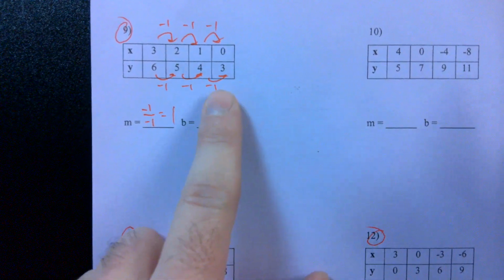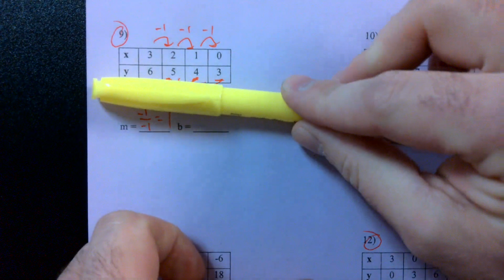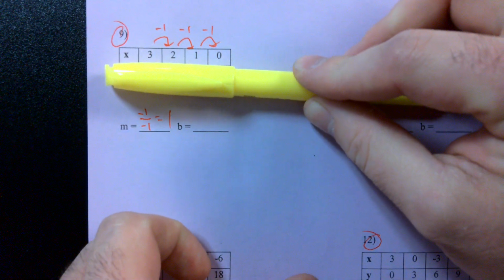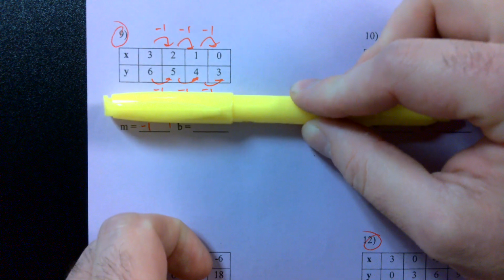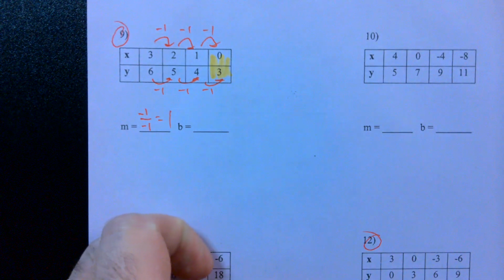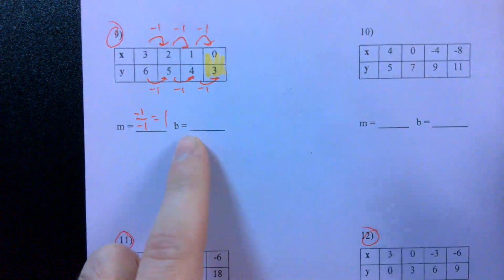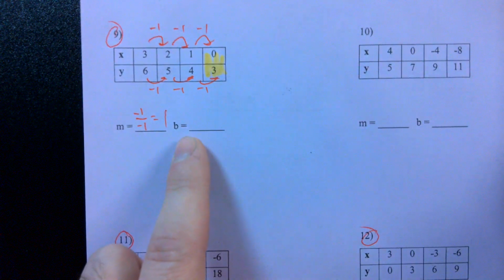Do you see an x value of 0 here? Look at my x values. Do you see a 0 there? Yeah, what's directly under that 0? 3. So what's my b value, 0 or 3? 3.